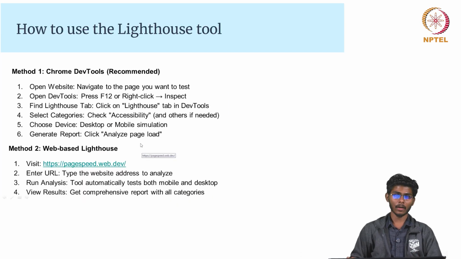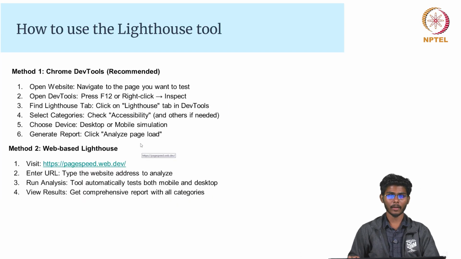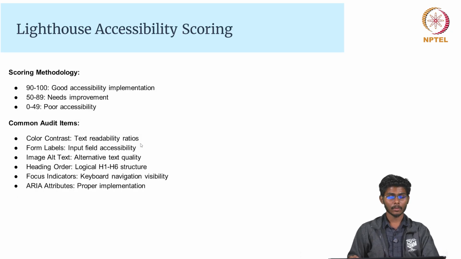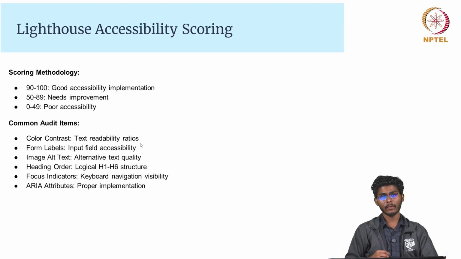So this is how the Lighthouse tool can be used, and the evaluation process of the Lighthouse tool. As I said, if the website has a 90 to 100 score, it generally means the website has good accessibility features.